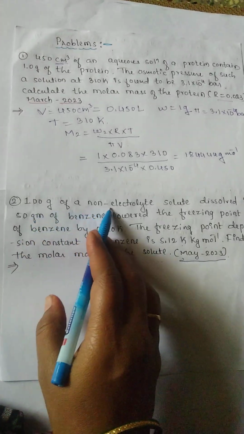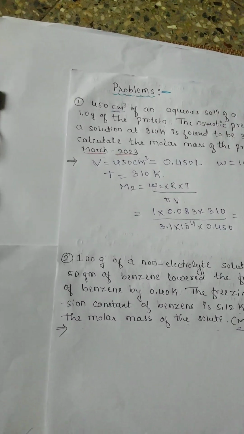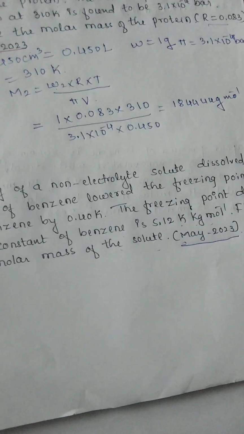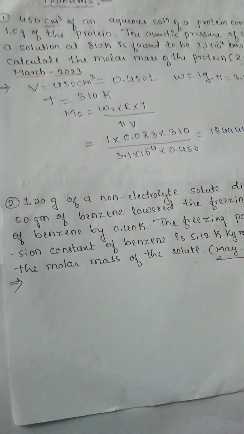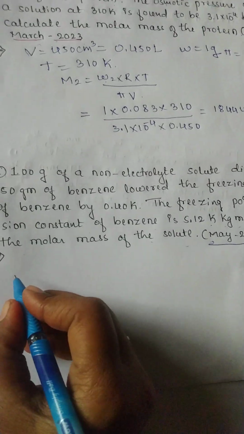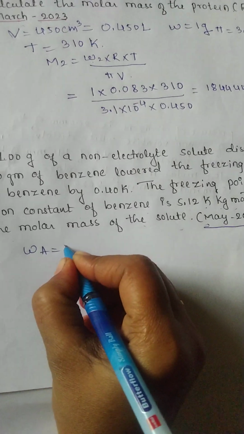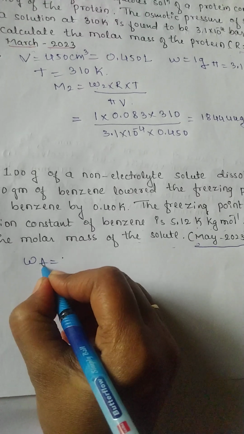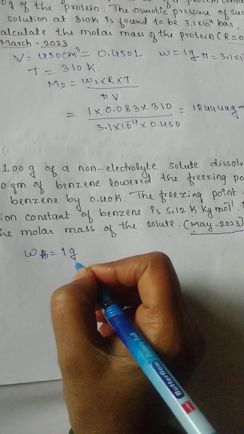So here, 1 gram of non-electrolyte solute, we can write the solute as WB. They have given WB is equal to 1 gram.